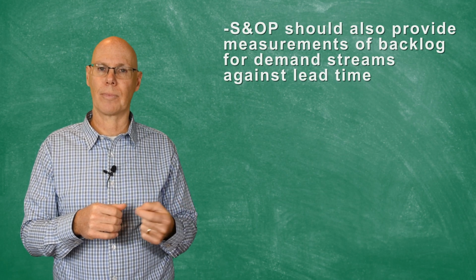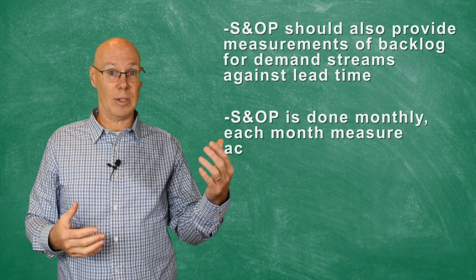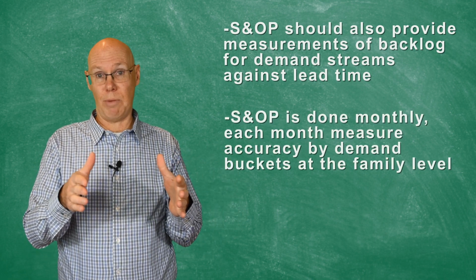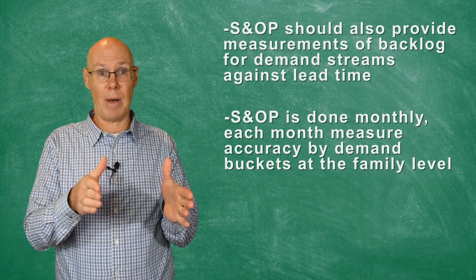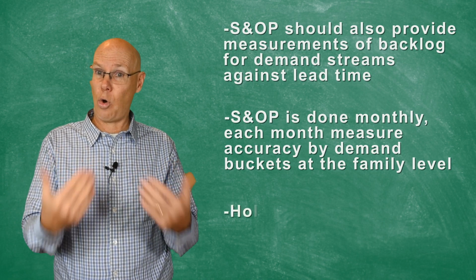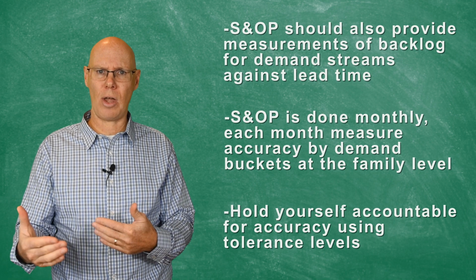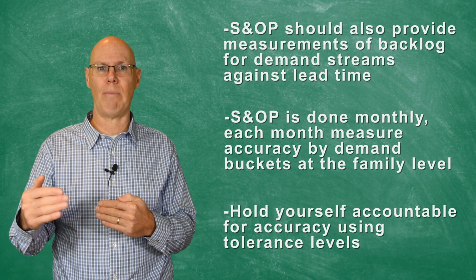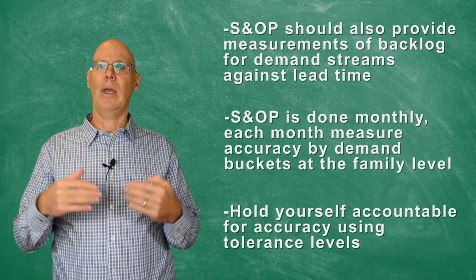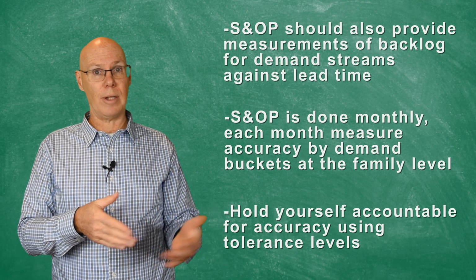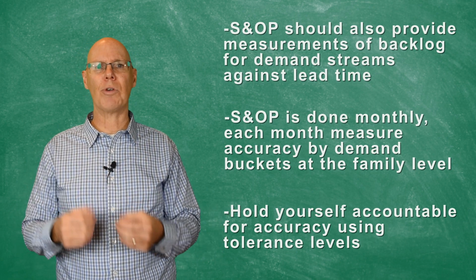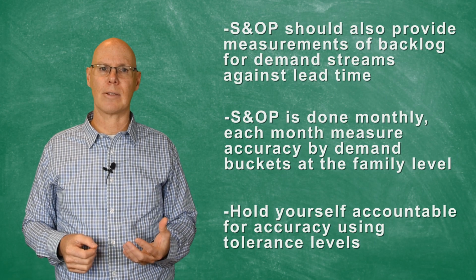Now, because S&OP is done monthly, each month you should measure the accuracy by demand buckets at the family level. Hold yourself accountable for the accuracy of the forecast. I recommend setting a tolerance level and measuring bookings and shipments compared to this tolerance level. If the actuals are out of tolerance, this should be driving root cause analysis to improve the forecast.